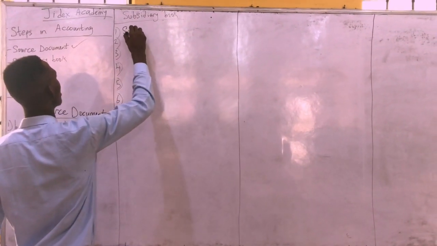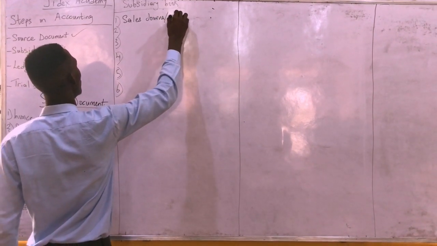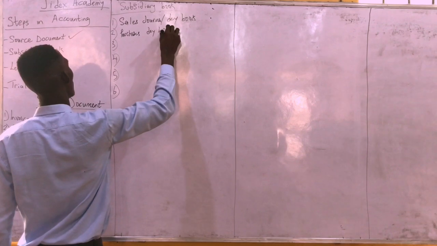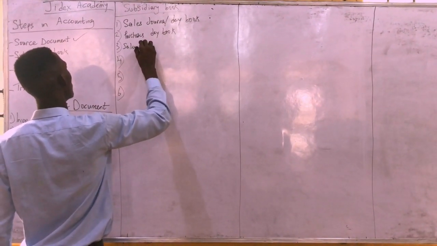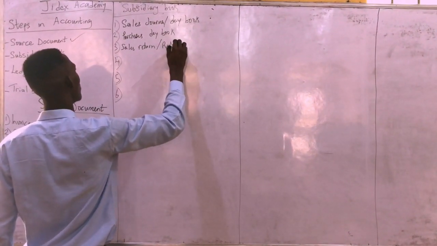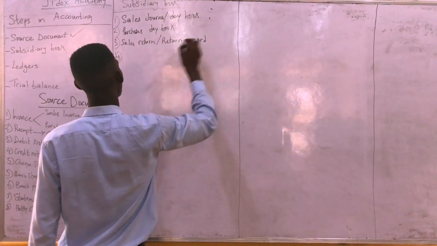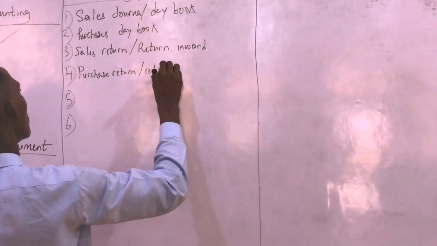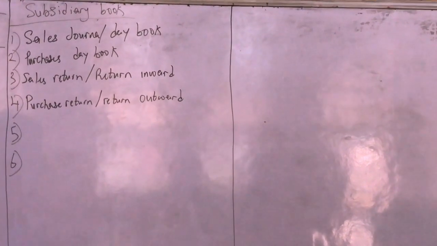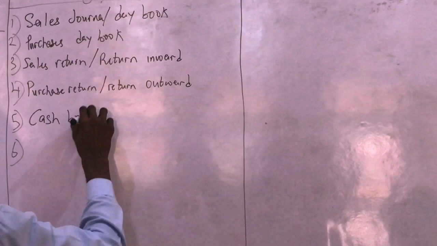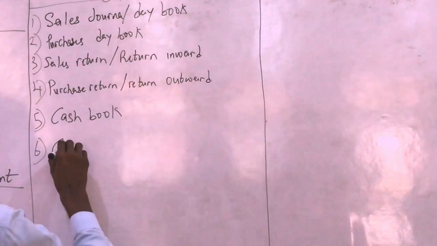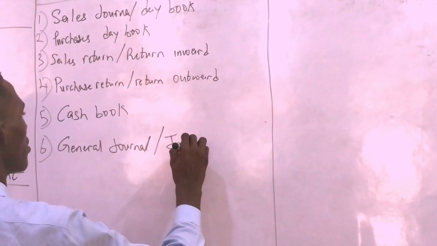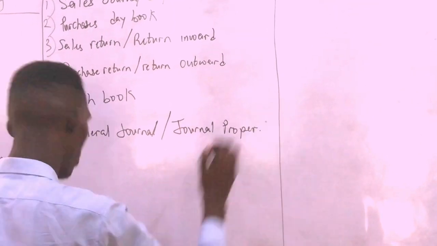We have sales journal or sales day book, purchases, sales return, purchases return or return outward, cash book, and then general journal or journal proper.